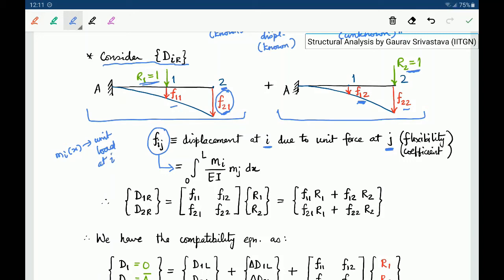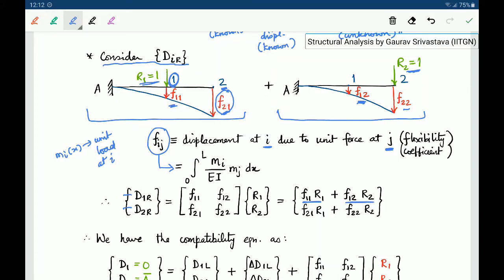Okay, so once we write this, we see that this D1R and D2R, right? So D1R, remember, is the displacement at point 1, or at coordinate 1, due to both the redundant forces, due to R1 as well as due to R2, right? So D1R can be written as F11 times R1 plus F12 times R2, right?